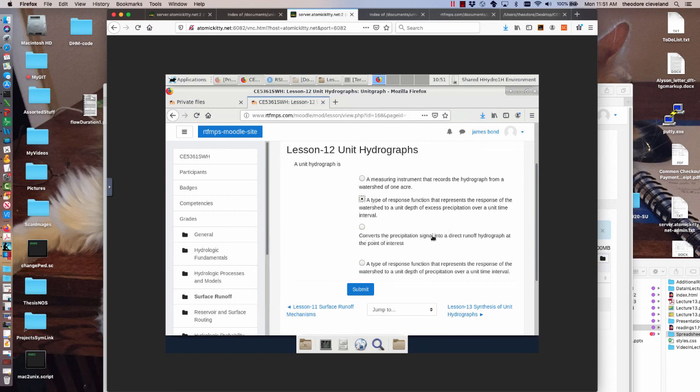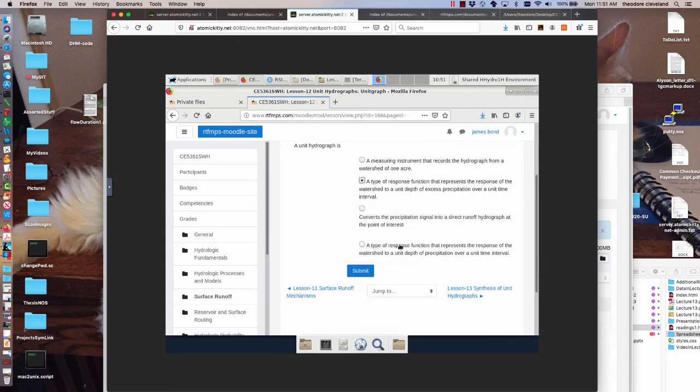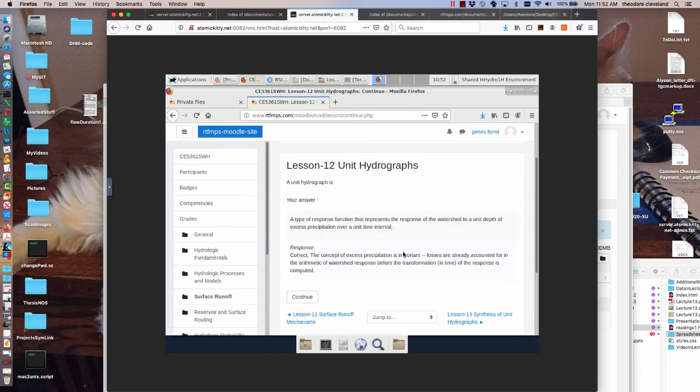Converts the precipitation signal into a direct runoff hydrograph at the point of interest. Close, but this doesn't say anything about excess, and this is direct runoff hydrograph, not the storm component. A type of response function that represents the response of the watershed to a unit depth of precipitation over a unit time interval. That sounds good too, except we're looking for the word excess. So excess is important.